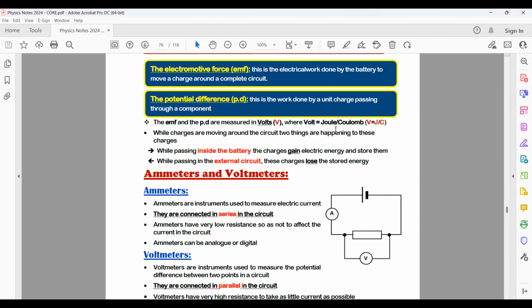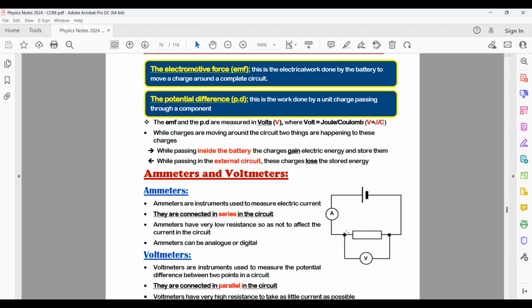What is the volt? This is the amount of energy in joules carried by every coulomb of charge. As we notice, it's called potential difference. So we must have a connection before and a connection after in order to measure the potential difference. So we use a voltmeter to measure the voltage, or the potential difference, or the EMF, all of them are the same, around the circuit.